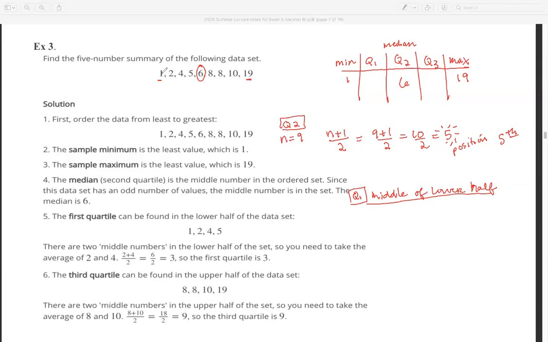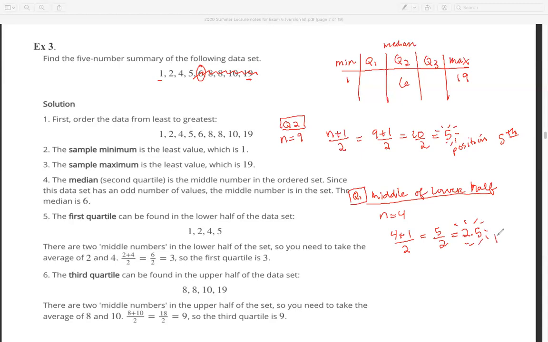So let's see, there's 1, 2, 3, 4 numbers below our median, which is our Q2, and 1, 2, 3, 4 numbers above. So just pretend that these numbers aren't here for a minute and say, okay, if we have 4 data values, then our n would be 4. We just put it in the position formula, add 1, divide by 2. We're getting 5 divided by 2, which is 2.5. And again, this is position.